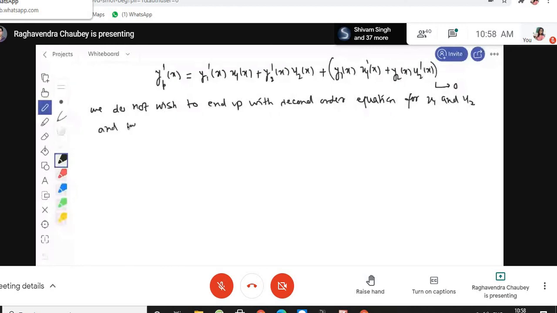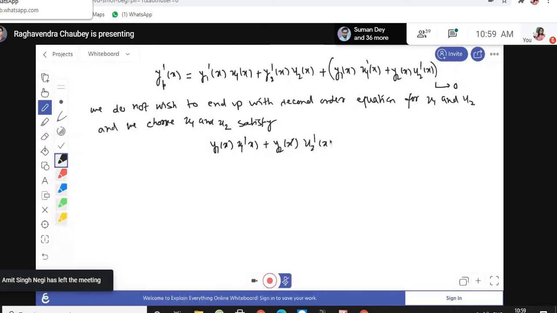So u1 and u2 that satisfy this y1(x) u1'(x) plus y2(x) u2'(x), this part equals 0, and say this part is 0.